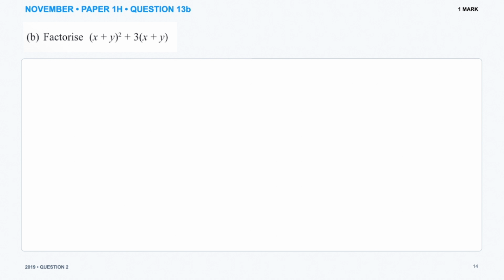For our last question in the 2019 set, we have this question, which is part B, and we have to factorize this expression. So firstly, let's start by getting x plus y squared into an easier position to factorize. So what we can do is we can put x plus y twice since it's squared, and plus 3 times x plus y.